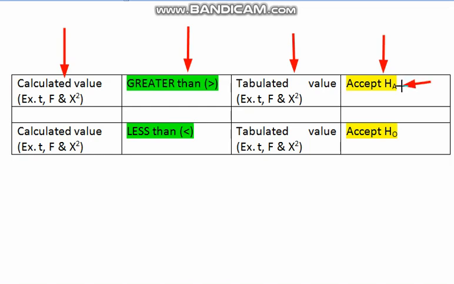Now, if the calculated value is less than the tabulated value, then we accept the null hypothesis.